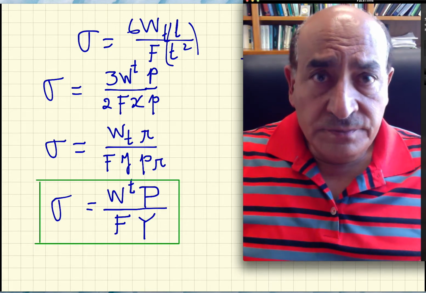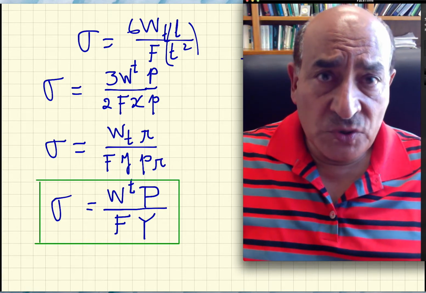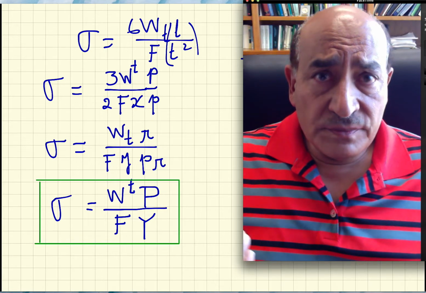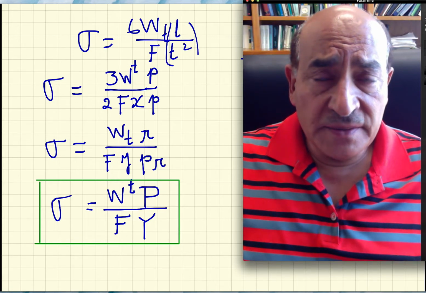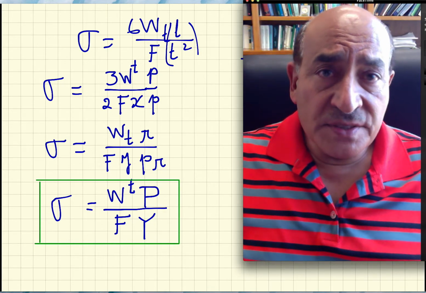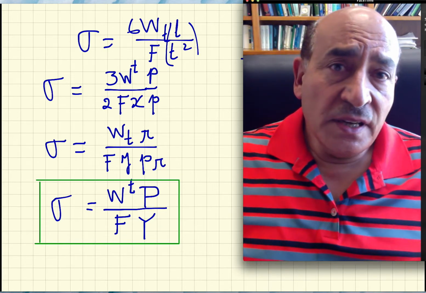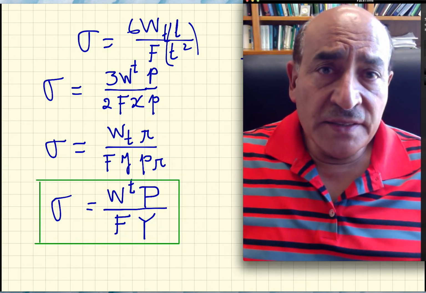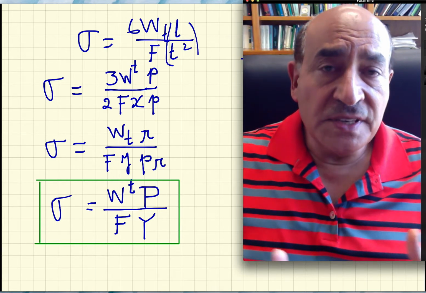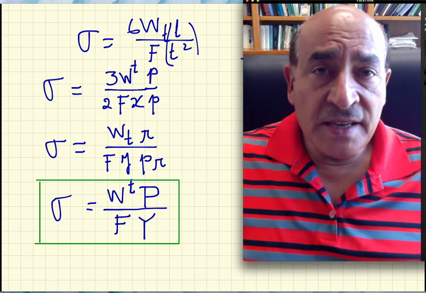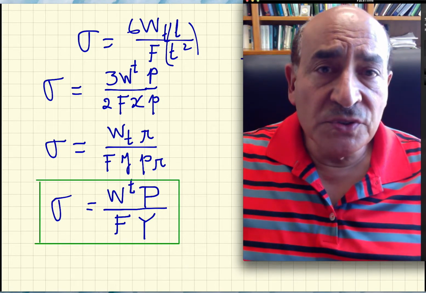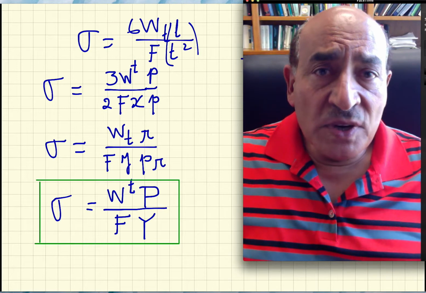As you see in this equation on the board, if you know the diametral pitch, which comes from the gear spec, and the transmitted force, which comes from the horsepower, because you can convert horsepower to a torque, and the torque to a tangential force, and you know the face width F, which is, let's say, 3 times the circular pitch, then you can compute the bending stress once we know this Lewis factor.